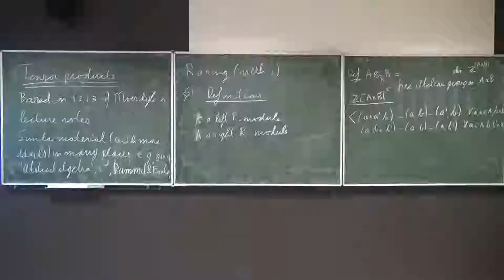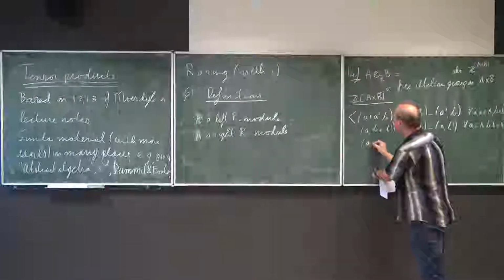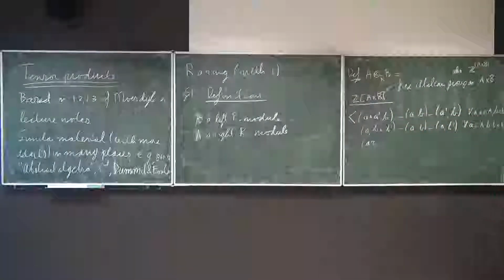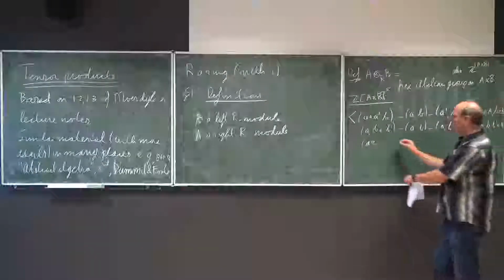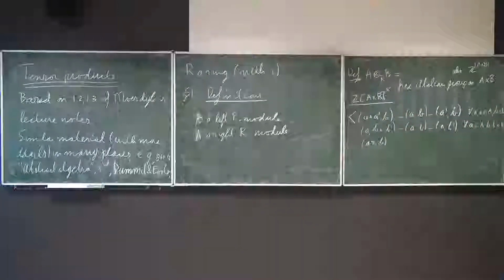Anyway, these impose some additive relations in the first and the second position, but of course the ring R is at the moment nowhere to be seen. It does play a role, and it's in the third one. A was a right R-module, so I can multiply an element a in A by an element r in R on the right, and then take an element b in the second position.